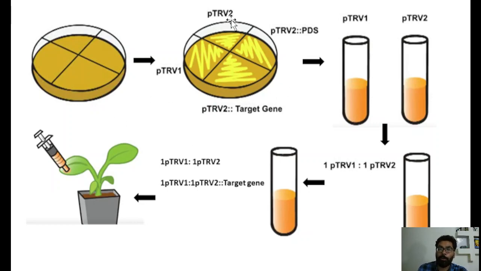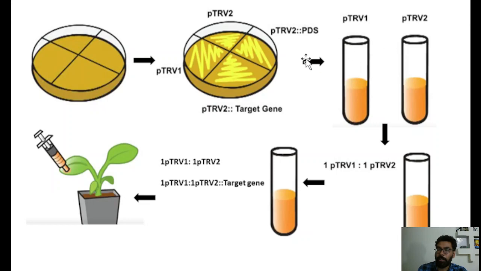There is tobacco rattle virus which can be used for the silencing of a gene. We cloned the gene in tobacco rattle virus. This is the Agrobacterium plate of tobacco rattle virus, where we have cloned the gene for phytoene desaturase. Phytoene desaturase basically takes part in chlorophyll synthesis.